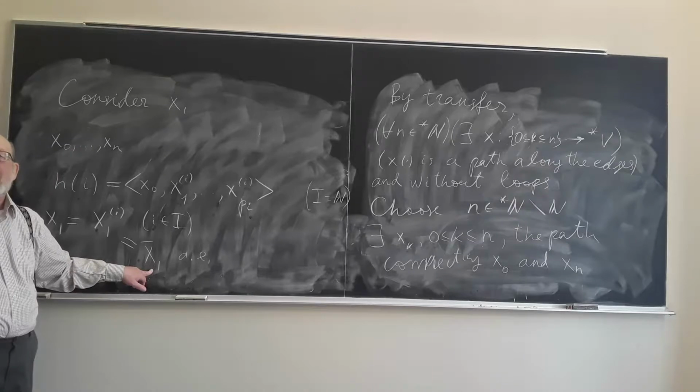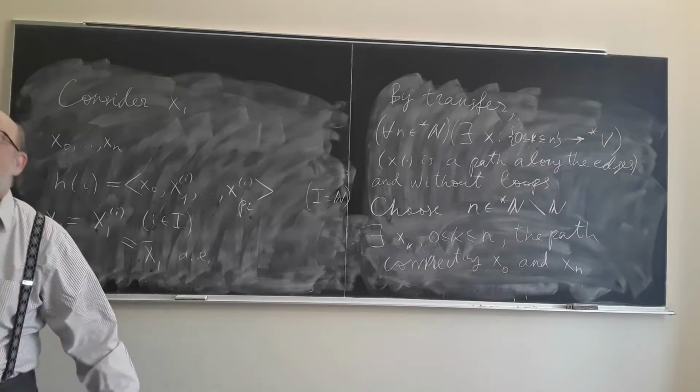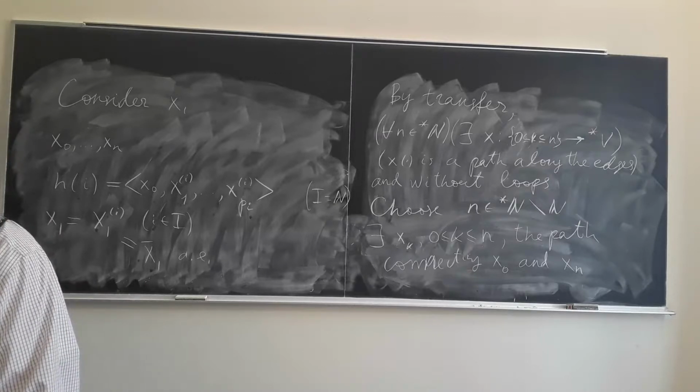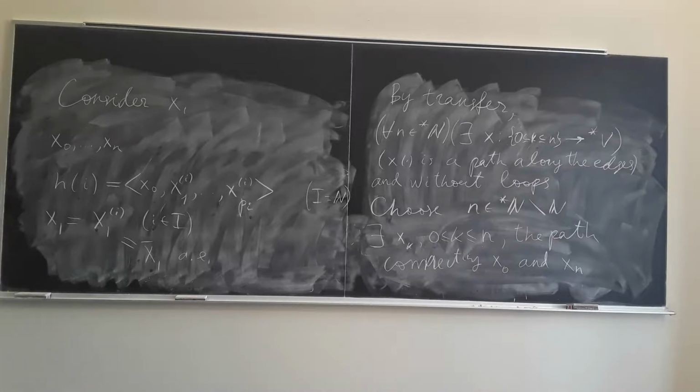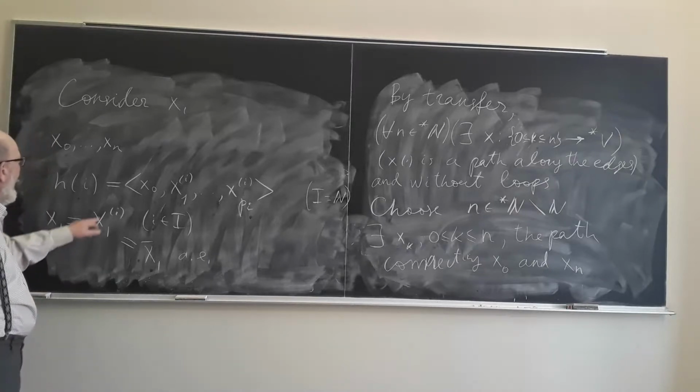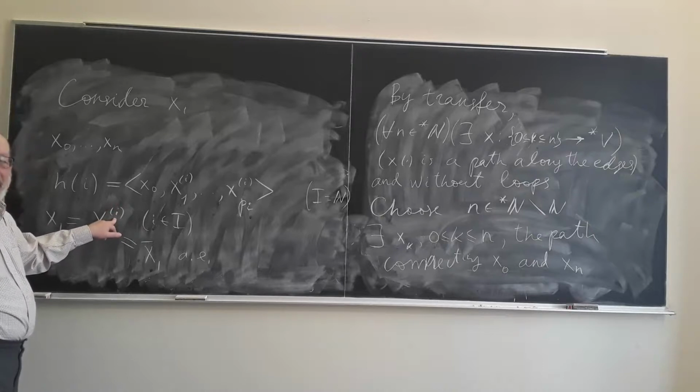Yes, please. Measure of finite number is equal to 0. Excuse me. Measure of finite. Yeah. That is equal to 0. That's why you said almost everywhere. You're right here. Almost everywhere. Yeah. So this function of i takes only a finite number of values. This means that it is equal to one of these values almost everywhere, on some element of the filter.